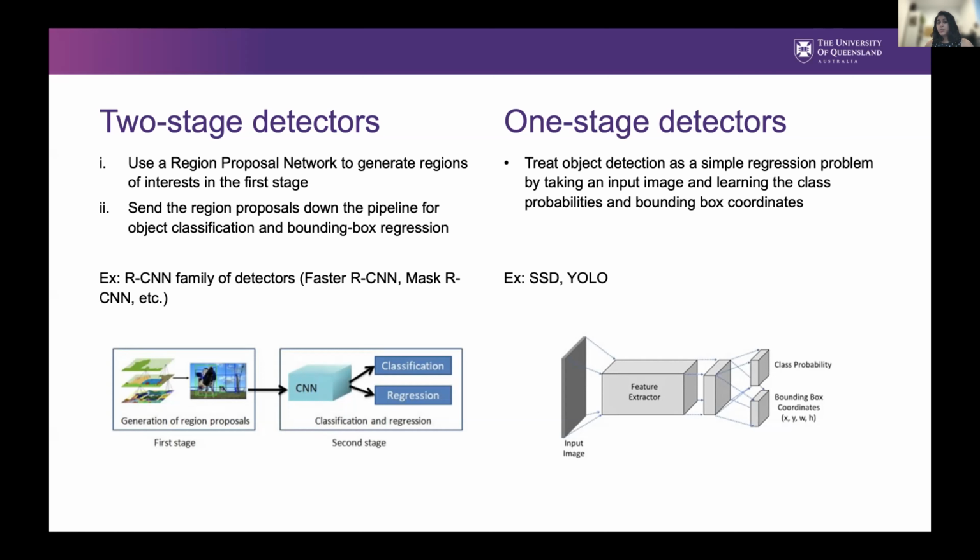In contrast, one-stage detectors look at the input image at once, perform all these feature extractions at once, and then output their class probabilities and the object locations as well. So that's why they're called one-stage detectors. SSD and YOLO are one-stage detectors, and popular two-stage detectors are RCNN, Fast RCNN, Mask RCNN, and so on.